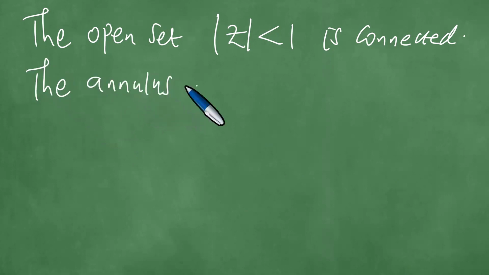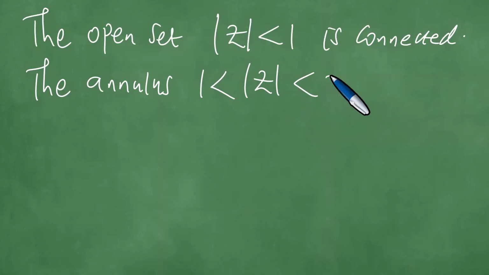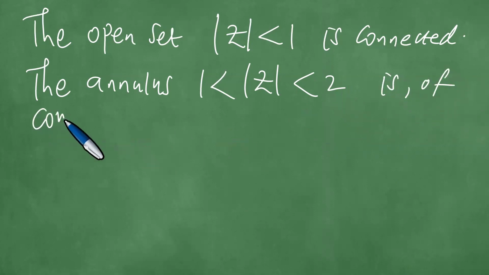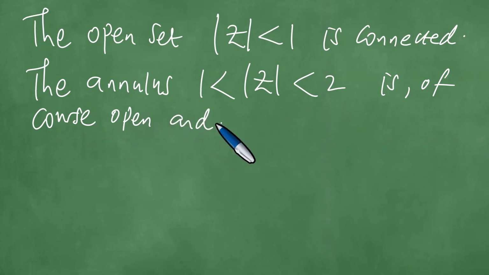This one is special to this course because we shall be looking at theorems, Rouché's theorem and so on, when we do contour integration, and the notion of an annulus becomes very important. So the annulus, this one, is of course open, and it is called an annulus.